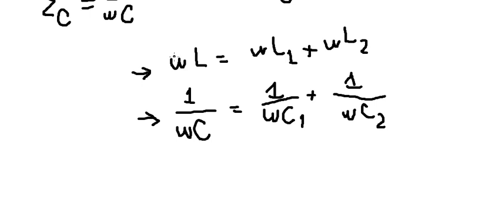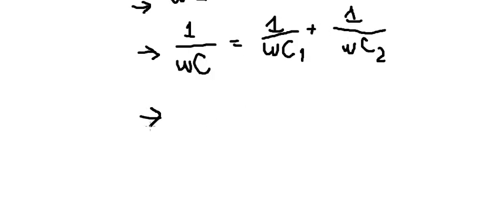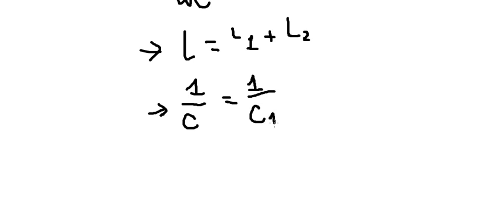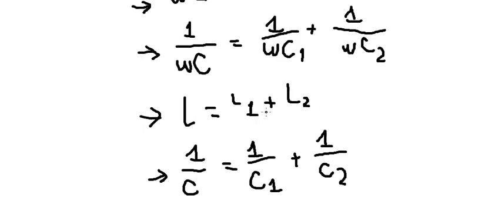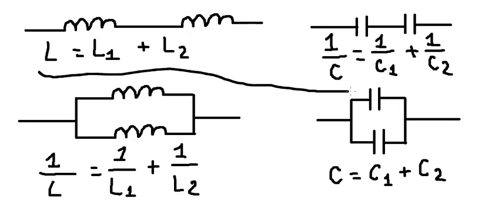So we simplify omega on both sides, and we have like this. So this is the reason why we have this one in here.